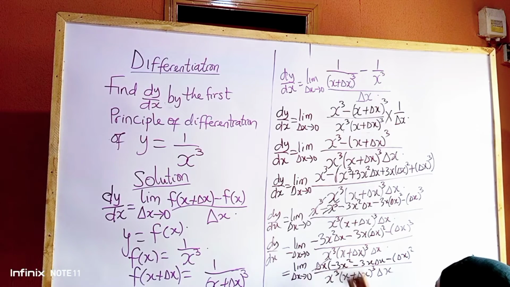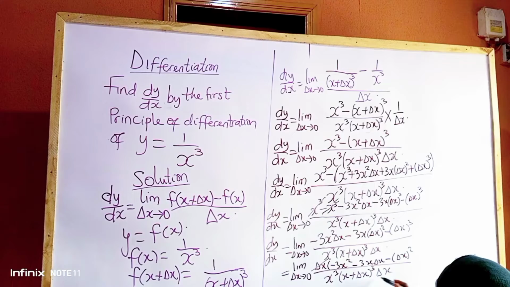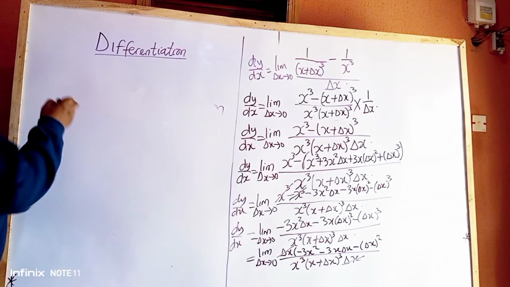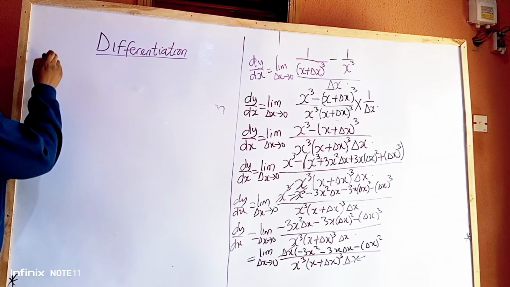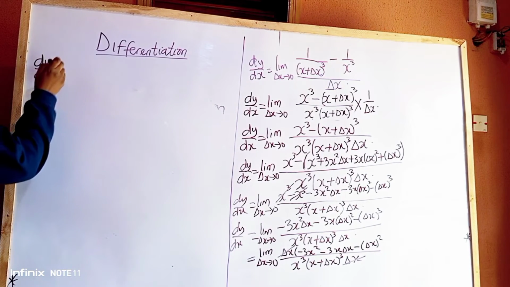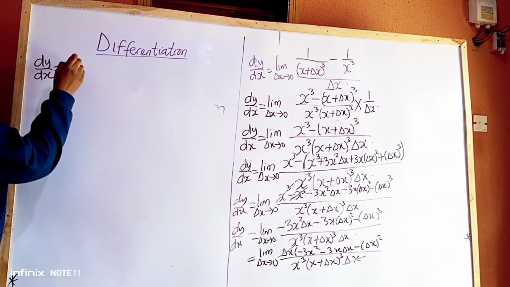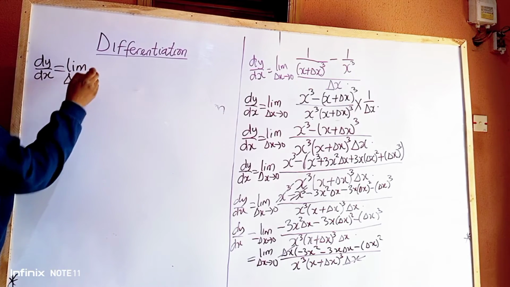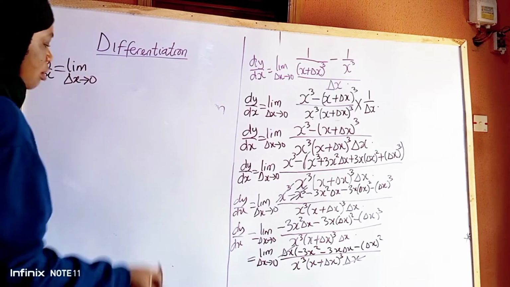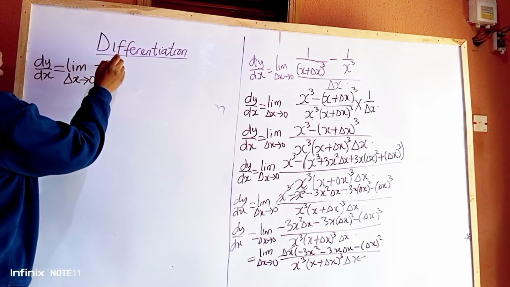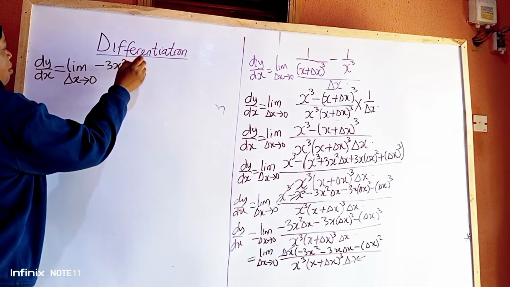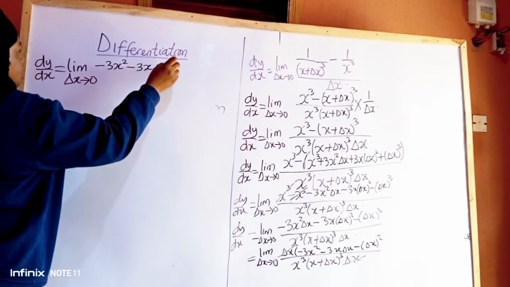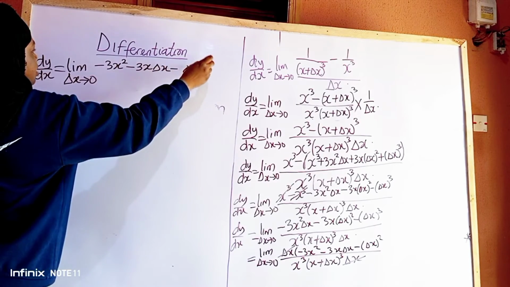So there's change in x in the numerator, there's change in x in the denominator. So change in x cancels change in x. So I have dy/dx is equal to the limit as change in x tends to 0 of minus 3x squared minus 3x change in x, then minus change in x squared.